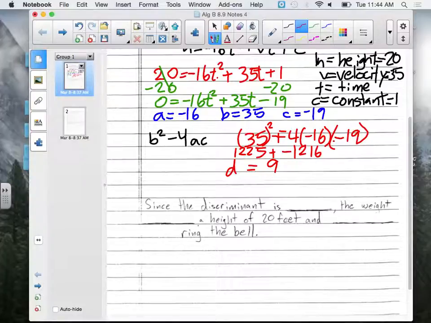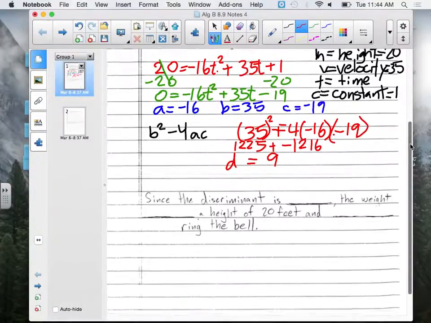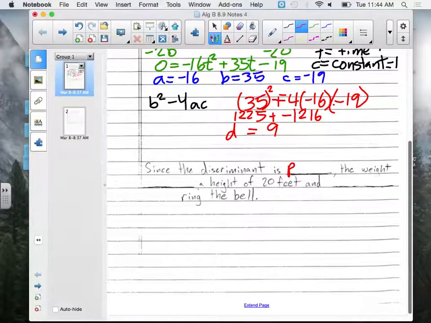That's positive 9, right? So since our discriminant's positive, that says there's how many solutions to this? 2. So since the discriminant is positive, the weight will reach a height of 20 feet and will ring the bell.